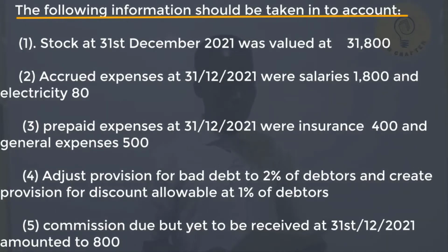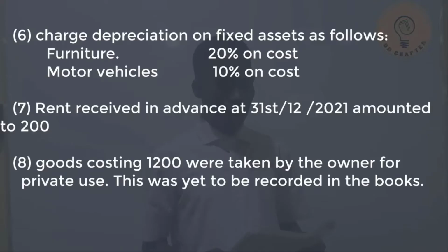Adjust provision for bad debt to 2% of debtors and create provision for discount allowable at 1% of debtors. Commission due but yet to be received amounted to 800. Charge depreciation on fixed assets as follows: furniture 20% on cost, motor vehicles 10% on cost. Rent received in advance at 31st December 2021 amounted to 200.